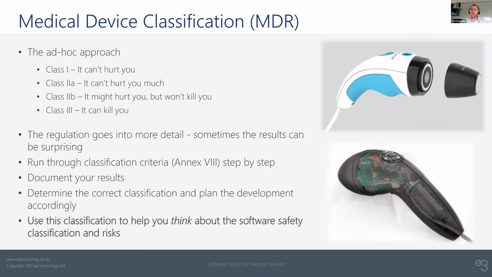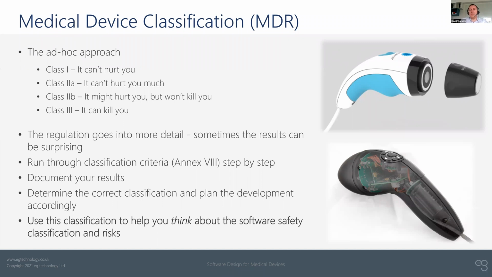But actually the results can be quite surprising. If you run through that Annex 8 checklist in detail, you'll find that it's relatively few devices that actually go all the way into class 3, because these are the most serious life-supporting devices, devices that touch the central nervous system, the central circulatory system, things that provide an immediate threat to health if they go wrong.